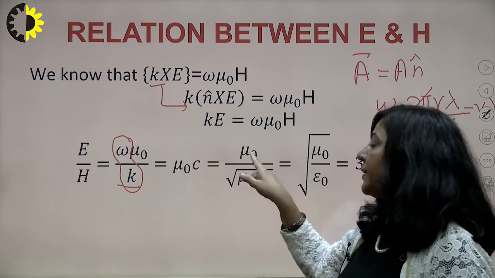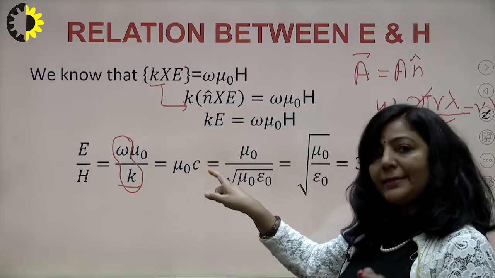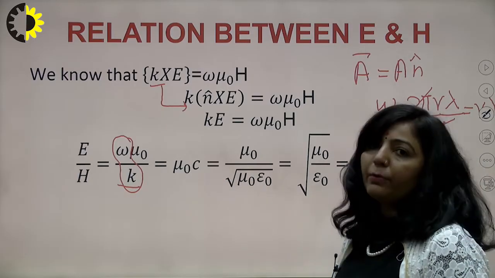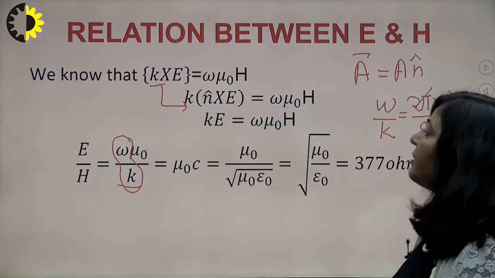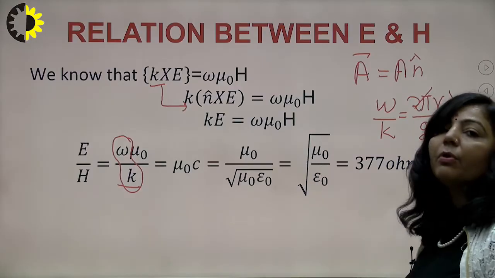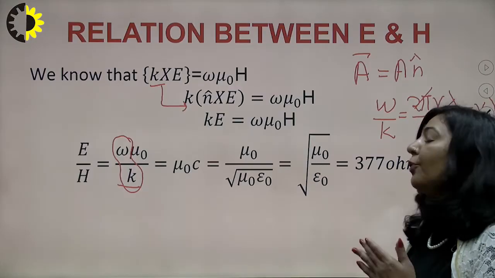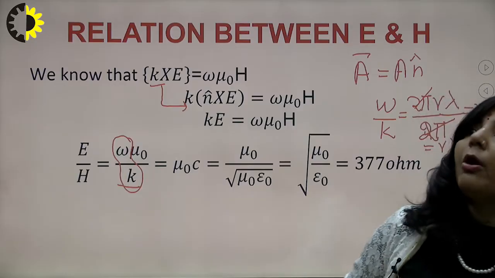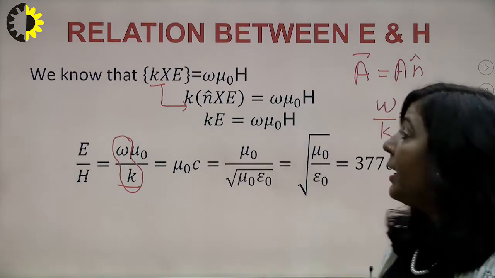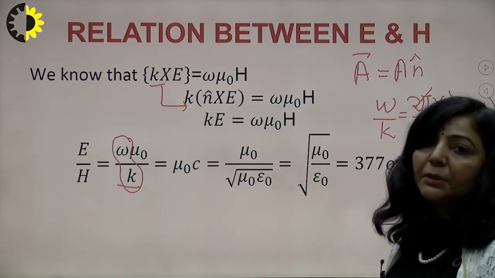So you can write c there, or you can write 1 upon root mu naught epsilon naught. Further, after simplification, you get root mu naught upon epsilon naught. Now you know what mu naught is: it is the permeability in free space, and epsilon naught is the permittivity in free space.